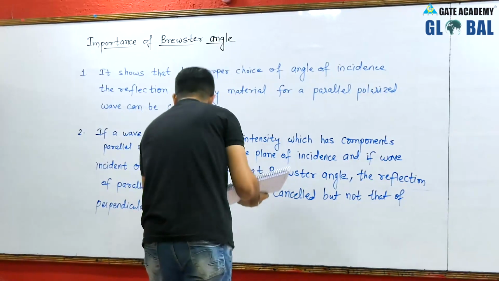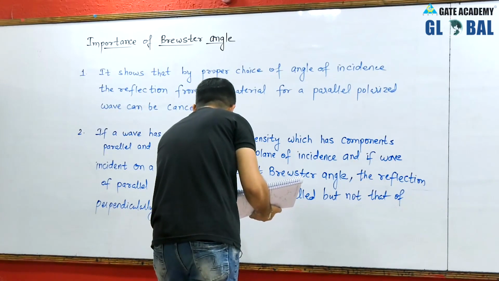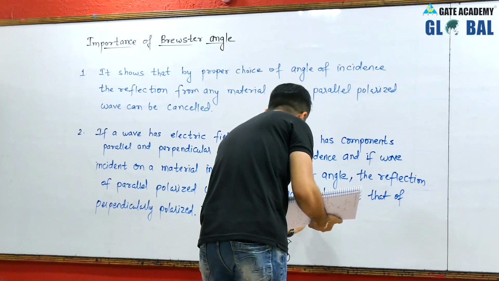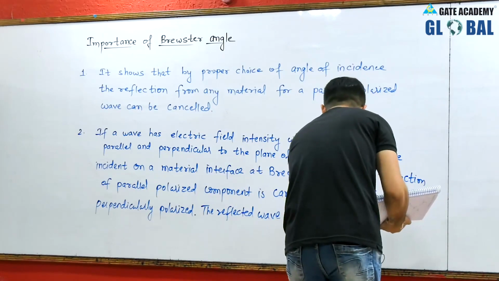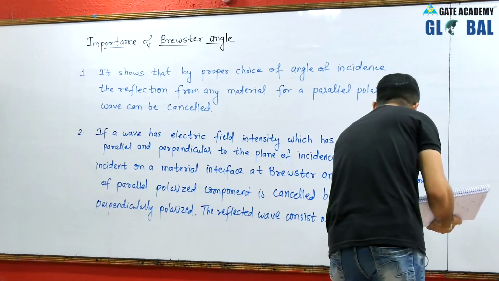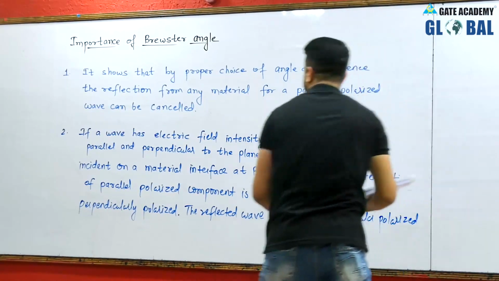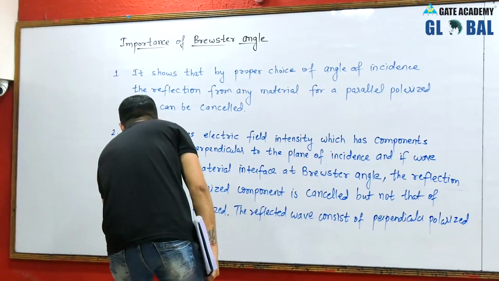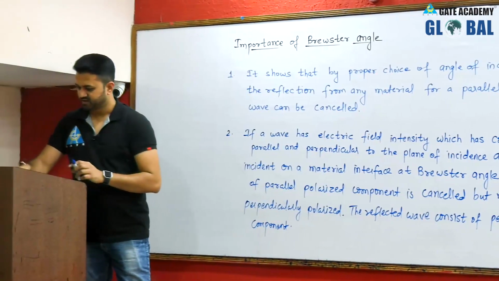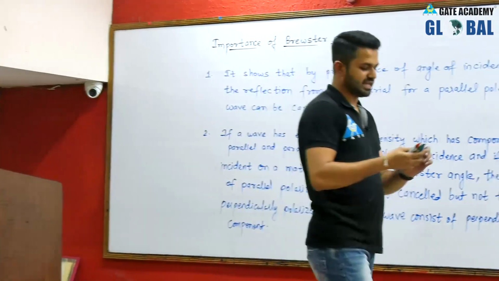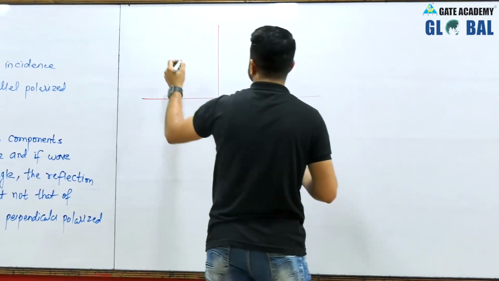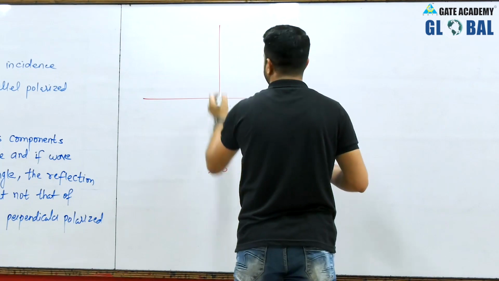The reflected wave consists of the perpendicular polarized component. This is the second point, and let us talk about this. Here we are saying that suppose this is the interface, z equal to 0, and x and z.